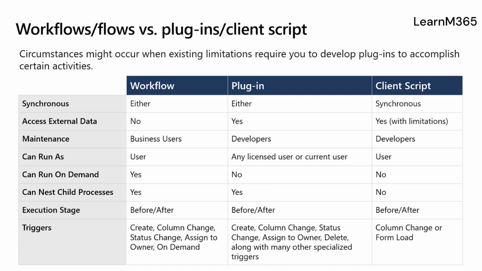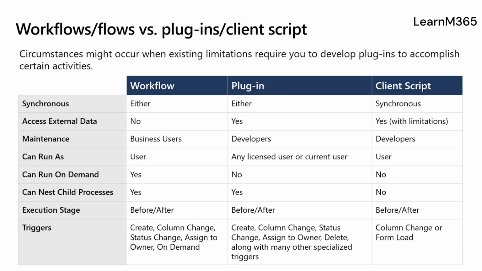If we talk about execution stages, yes, in workflow we have before stage and after stage, and similar stages in plugin and in client script also. And triggers: workflow has the following triggers: create, column change, status change, assign to owner, or on demand.